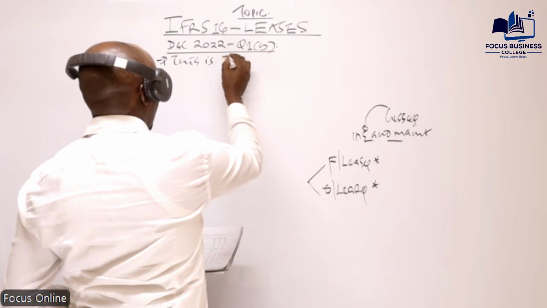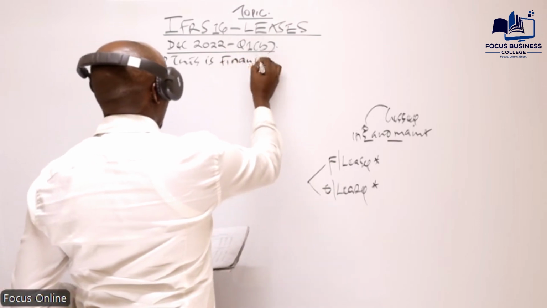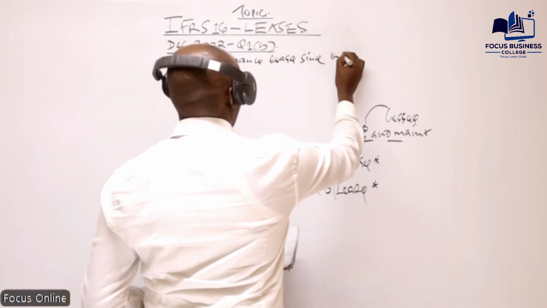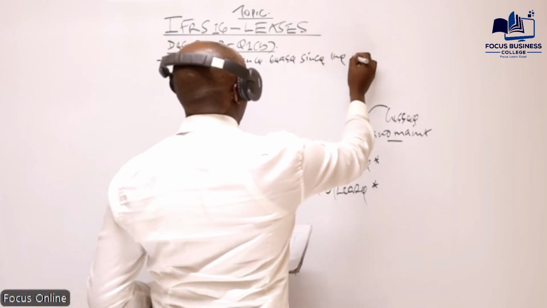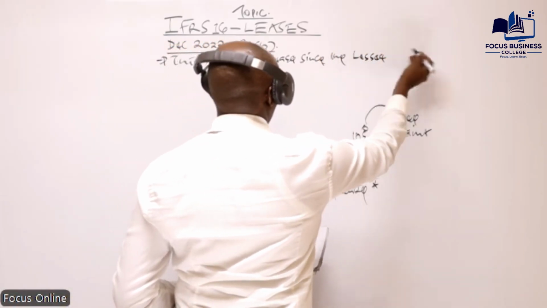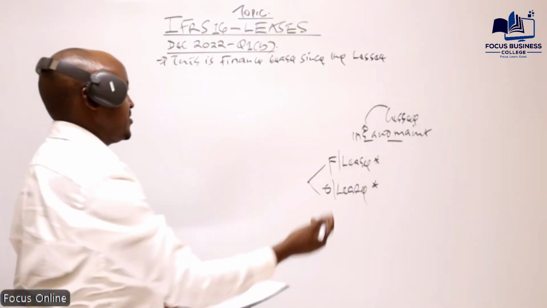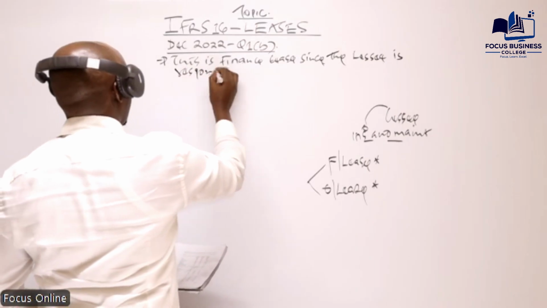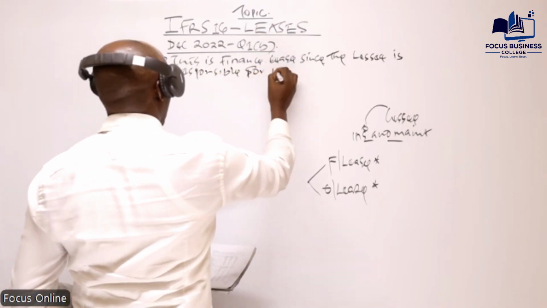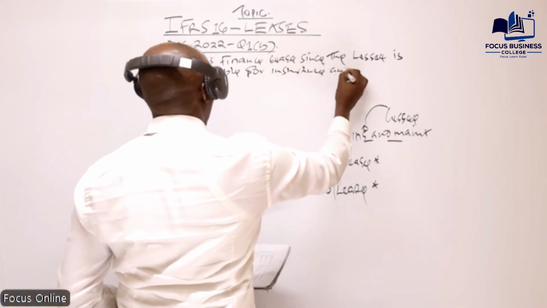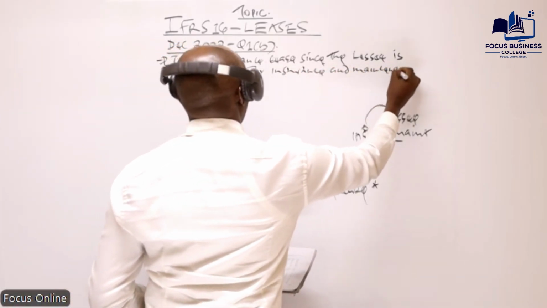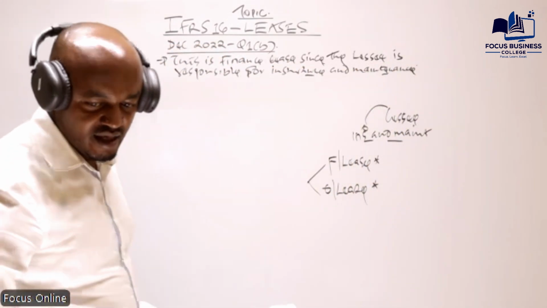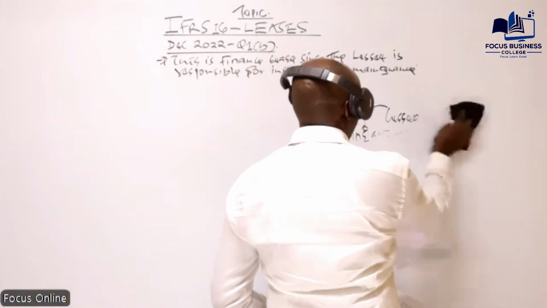Yes, this one is a finance lease, since the lessee is responsible for insurance and maintenance. Although this is not required, it is for your understanding. In other terms, the risks associated with the asset were transferred to the lessee.